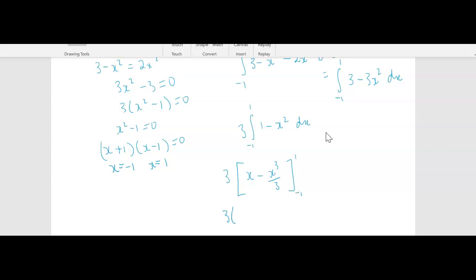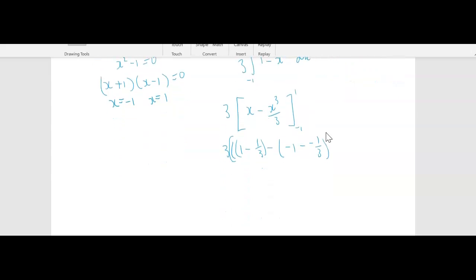All right, so we've got 1 minus 1/3. I need to put bigger brackets out. And then, so that's the first substitution, and then minus -1 minus -1/3. So clearly that would be a plus, but I just put it there so we could see it.